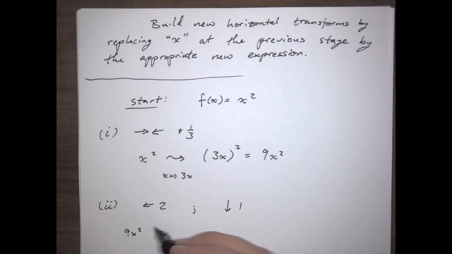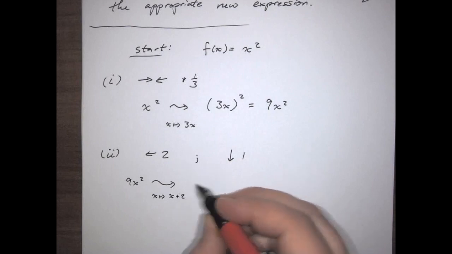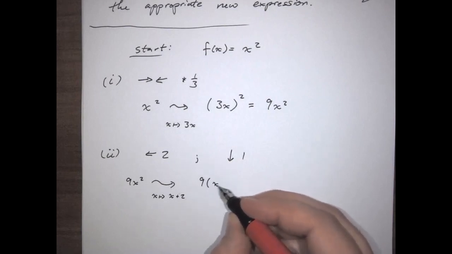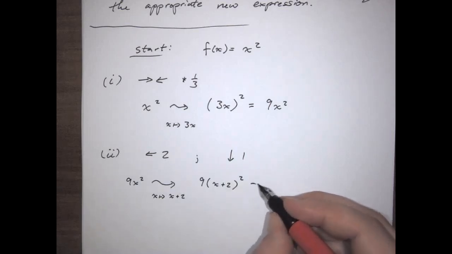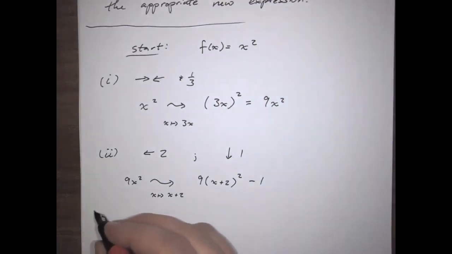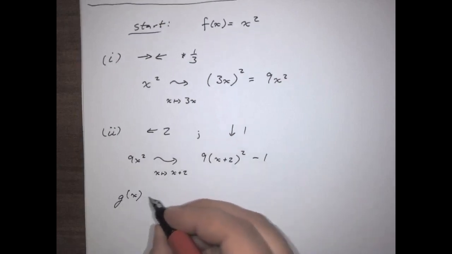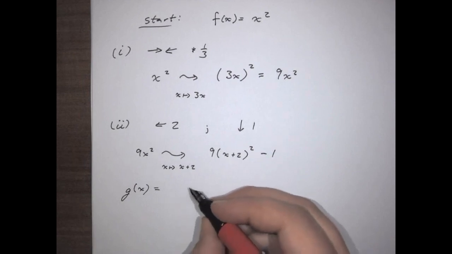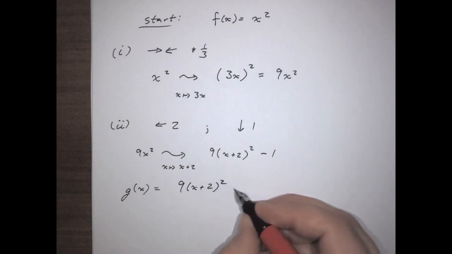So we take where we were as of now, and we replace the x by x plus 2 to move it to the left 2 units. So it's going to be 9 times x plus 2, all squared, and then minus 1. If we want to call the new function g, which is what the exercises will instruct you to do, g of x is equal to 9 times x plus 2 squared, all minus 1.